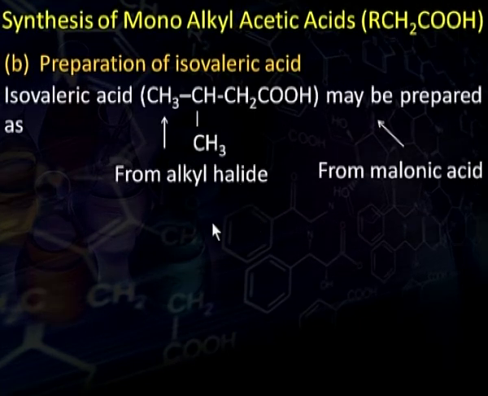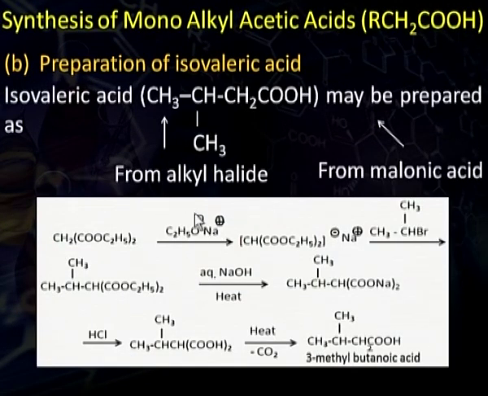comes from alkyl halide. So, when we synthesize from malonic ester, first of all this acidic hydrogen will be removed by the base sodium ethoxide. It forms sodium malonate which upon treatment with isopropyl bromide undergoes nucleophilic substitution reaction.